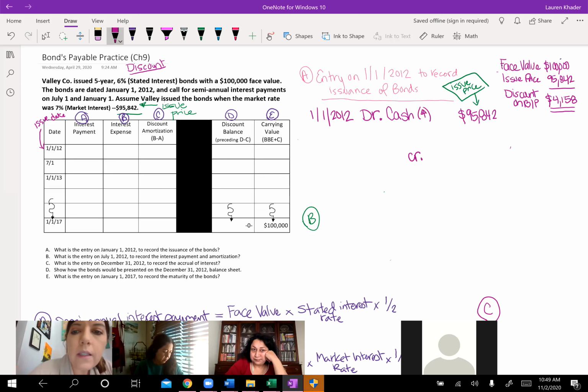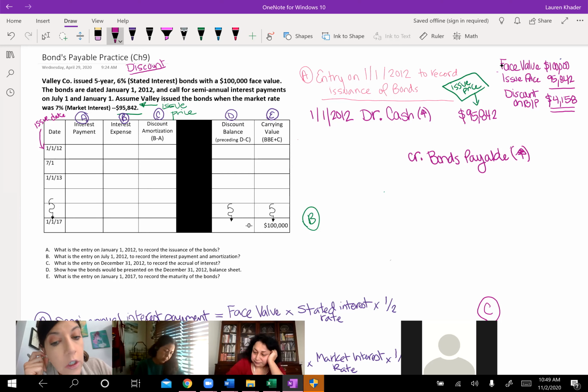We're going to leave a space for now, and we're going to credit which account? Bonds payable. So the liability account, we now have bonds outstanding. What amount is always recorded in our bonds payable? The face value, 100,000. Exactly.